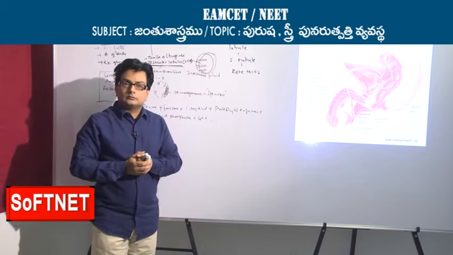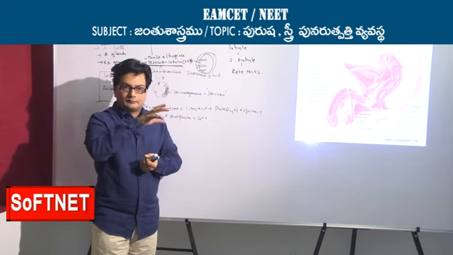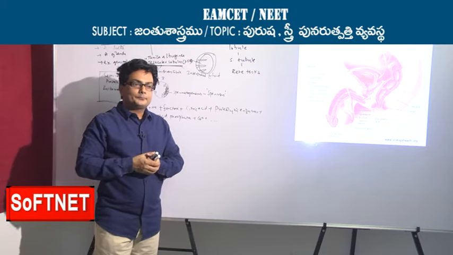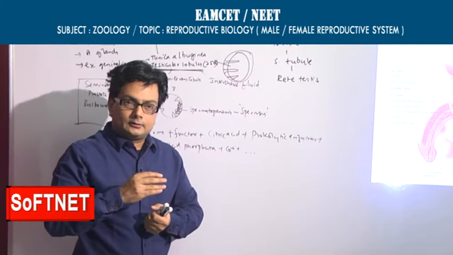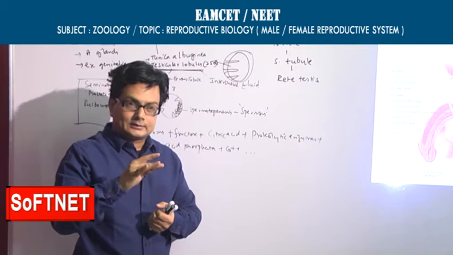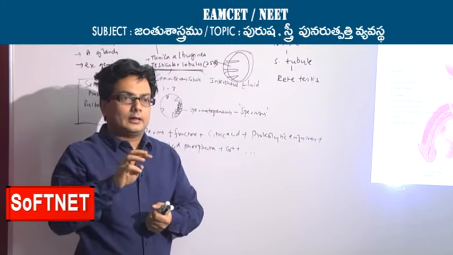Before we conclude the male reproductive system, let us evaluate the various terminology required at a glance: testis, the accessory ducts, the glands, and finally the external genitalia. Four important aspects.